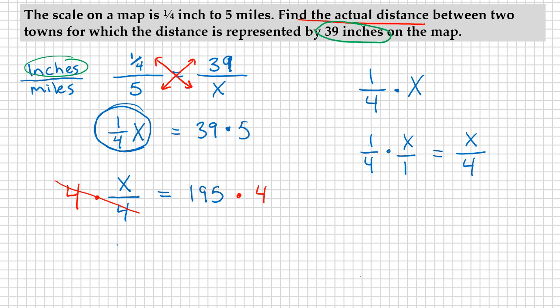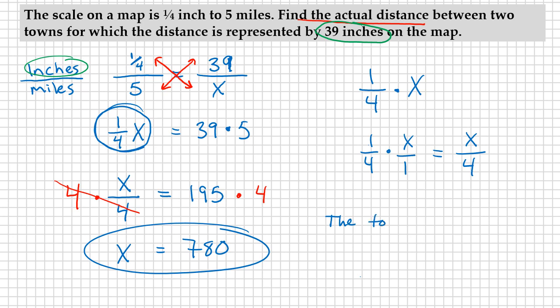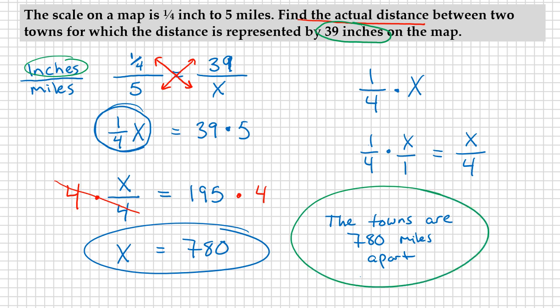So we've solved for x. And on the right-hand side, if we take 195 and multiply that by 4, we get 780. So we could say the towns are 780 miles apart. So that would be my final answer for this problem.